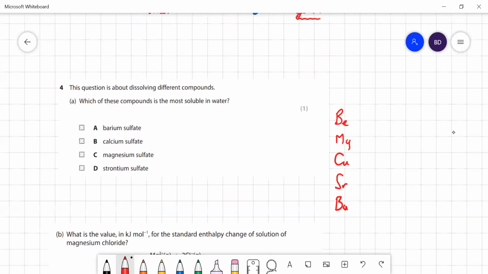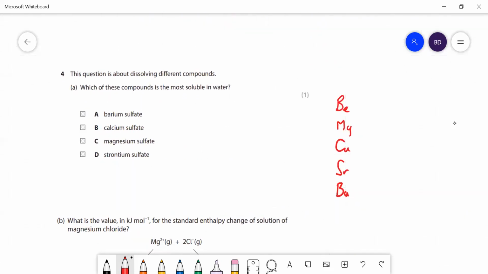This is just straightforward recall, really. The question is about dissolving different compounds. Which of these compounds is the most soluble in water? So you've got group 2 compounds there. I'll get rid of beryllium because we don't really worry about that. But you should know that as you go down group 2, the sulfates become less soluble, and as you go up group 2, the hydroxides become less soluble.